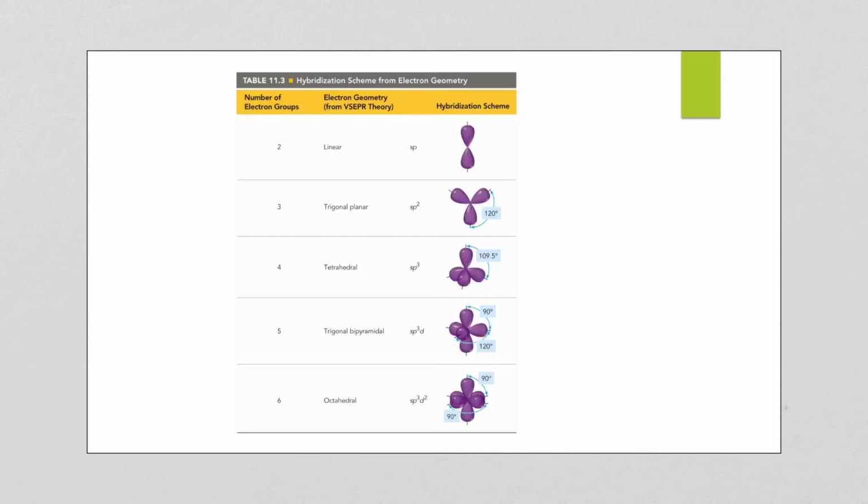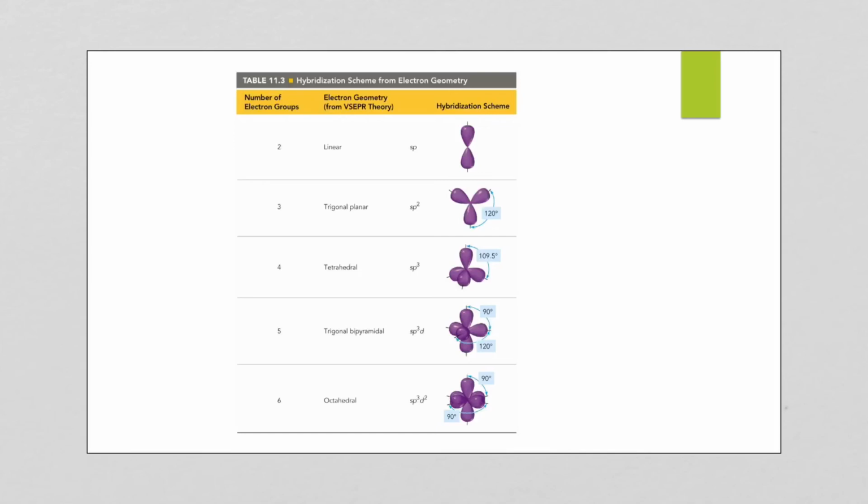There has to be some alteration of those orbitals to match up with these observed geometries that come from VSEPR theory. And that's where the hybridization comes in, where those orbitals change their shape and where the electron density is located in order to maximize the bonding and minimize the energy.